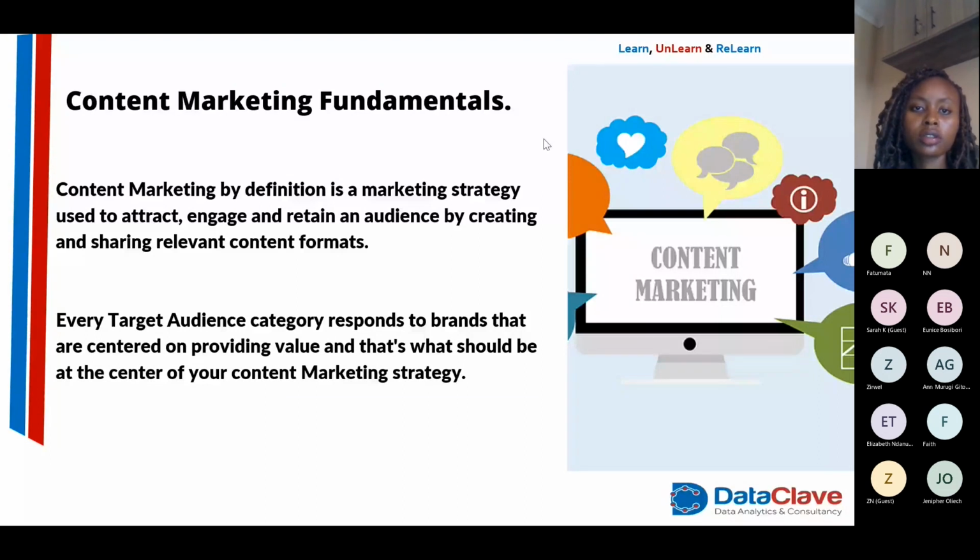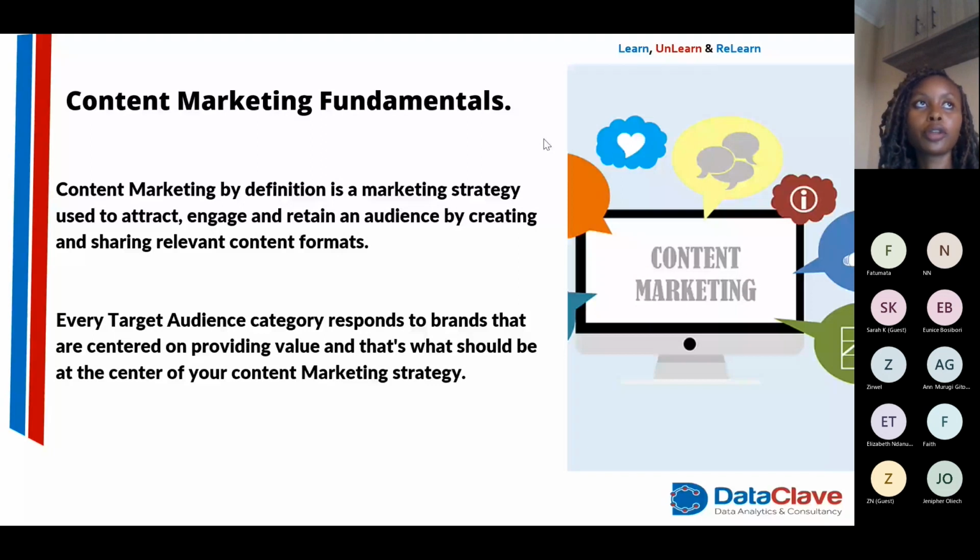So the fundamentals of content marketing, or rather the idea behind content marketing, is you have to entertain, persuade, inspire, and educate. While you're doing all these four things, you must also keep in mind the strategy. What strategy do you have for digital marketing for your business?